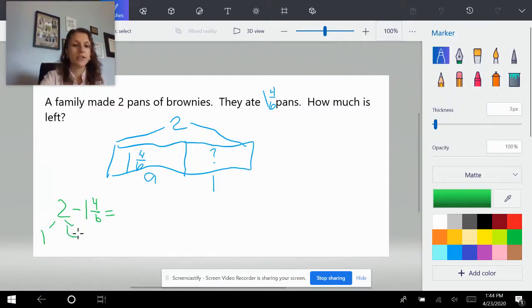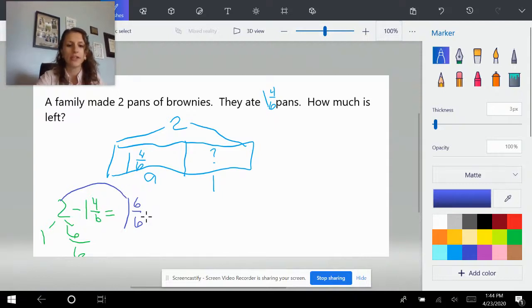The reason we can do this, if we cast our mind back to when we did this during class, is because 6/6 is the same as 1 whole. So 6/6 plus 1 would give me 2. I'm just renaming; my value hasn't changed. They are the same value, just different representations.